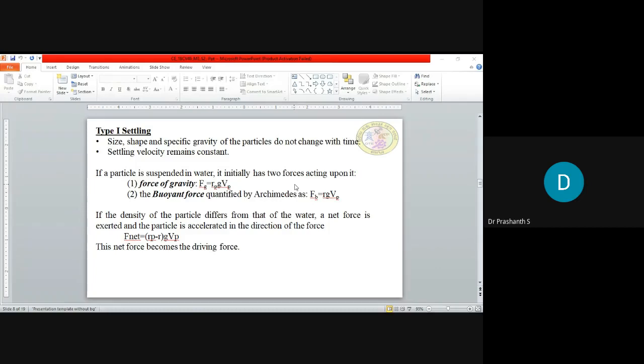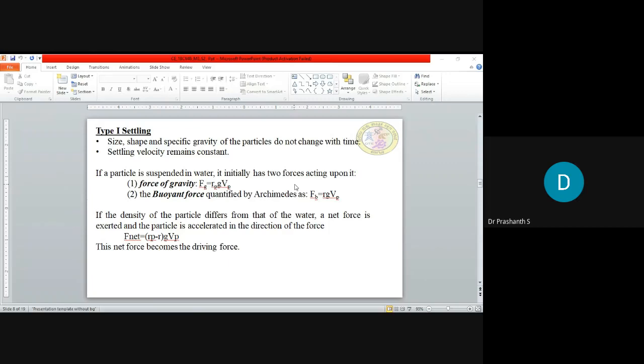Settling velocity remains constant. So, when a particle is settling in the water, or if you drop a particle in the water, understand, it initially has two forces acting upon it. What will happen if you drop a small particle which is heavier than water in the water? It naturally moves downwards because the force of gravity is pulling it. So the particle is subjected to the force of gravity, and at the same time there is a force called buoyancy, or the buoyant force.